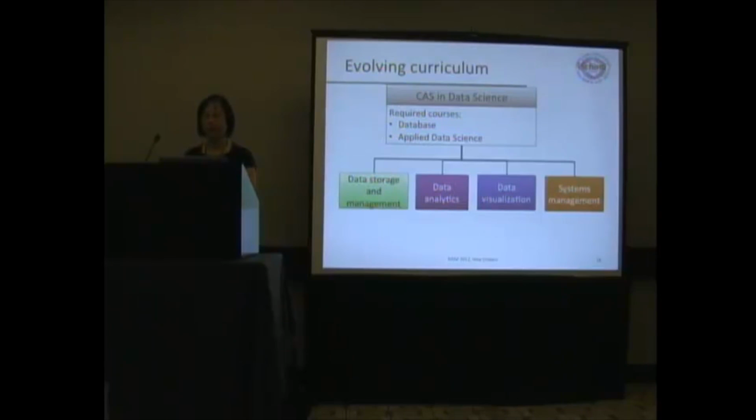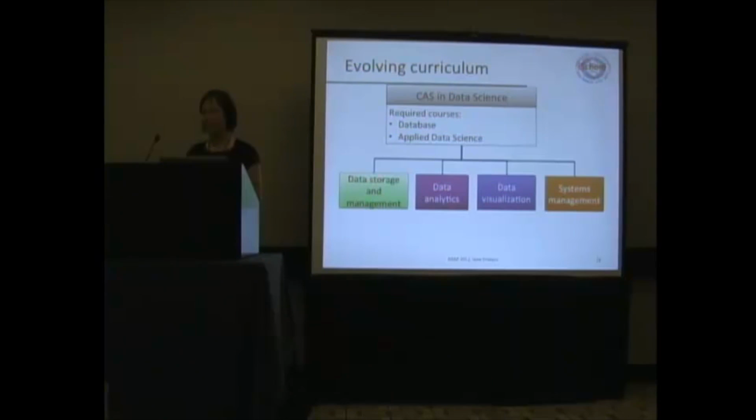Finally, our school has now been officially approved by the New York State Board of Education for the CAS in data science. It's not a degree, but a certificate program. We require two courses, database and applied data science, which is the scientific data management course that will be revised as applied data science.